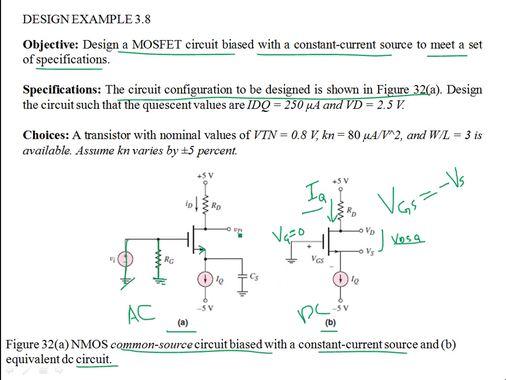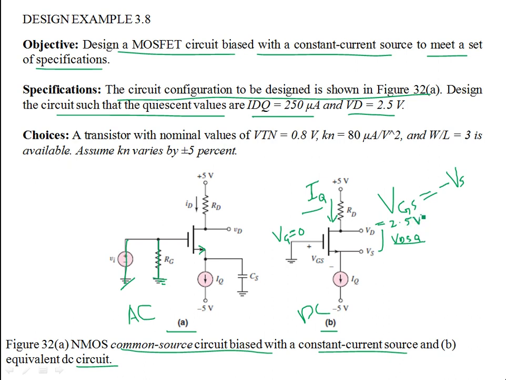For designing the circuit, you consider this DC equivalent circuit, and the specification is to design the circuit such that the quiescent point IDQ is 250 microamps and VD is 2.5 volts. This potential is 2.5 volts, and your gate potential is at 0 volts.